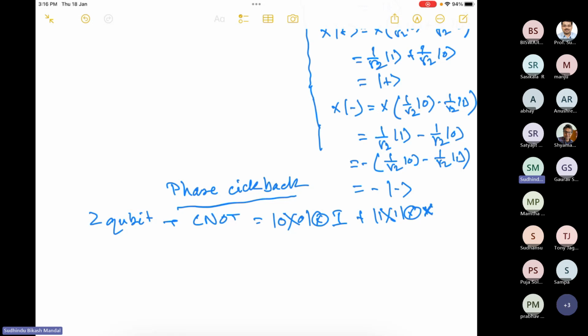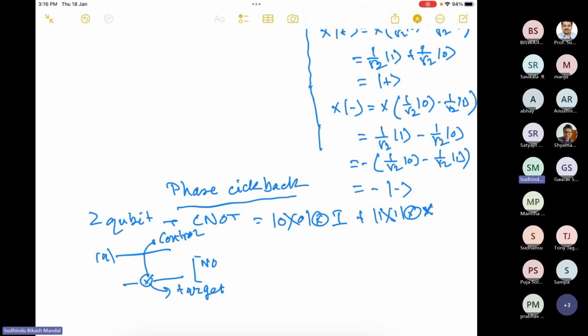But by definition, what is the CNOT gate? I am just drawing this picture. The CNOT gate is a 2-qubit gate. This one is called the control, and this one is our target. And by definition, what is that? It will say NOT.